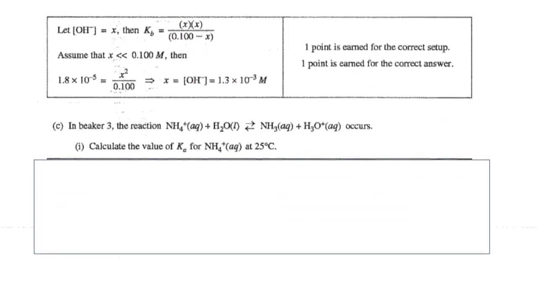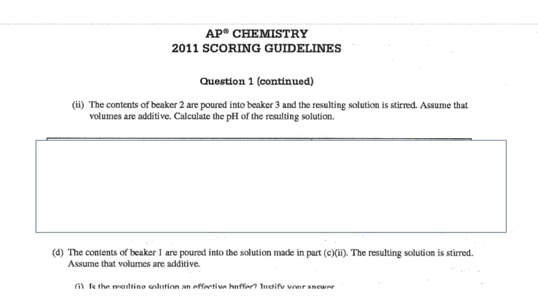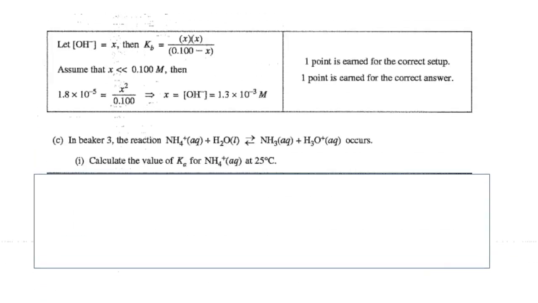Beaker 3 is an acid because ammonium dissociates a little bit to give ammonia plus H+, which is an acid. But it doesn't do so much. Hey, wait, they didn't give us the Ka. Well, it was talking about ammonia either generating base or acid, so we have a Ka, Kb situation.